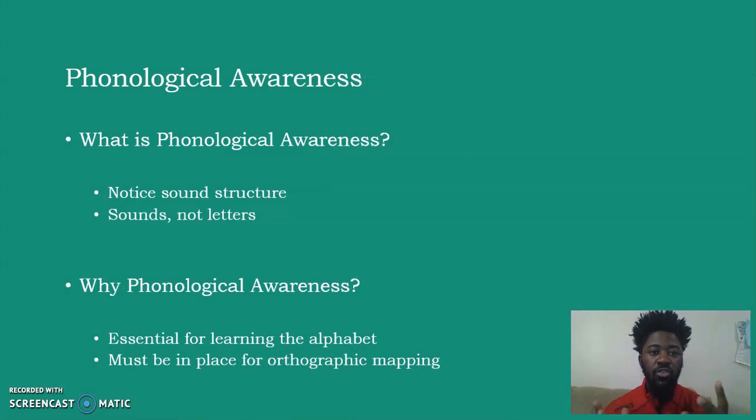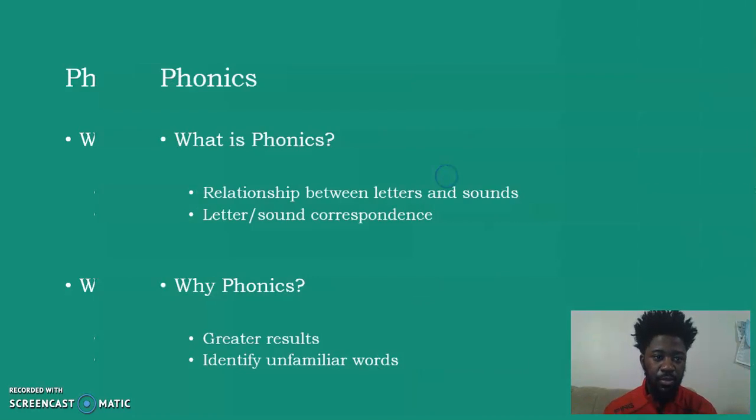So, phonological awareness. Phonological awareness is basically a continuum of sound skills. So, sounds, not letters. Why do we need it? It basically predicts later outcomes of reading and spelling.